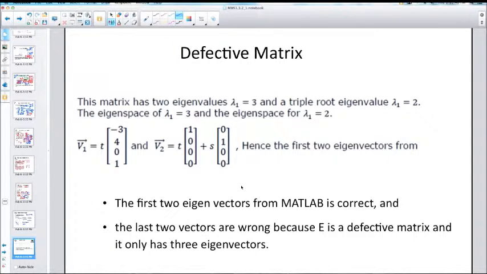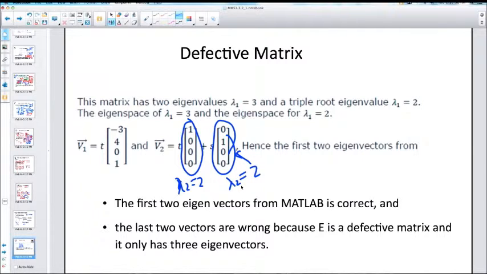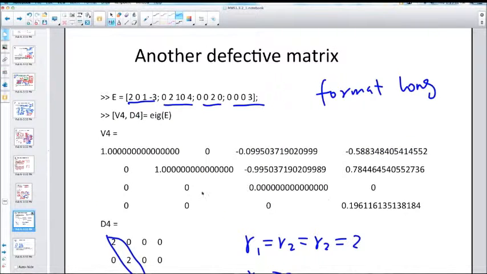One is 1 0 0 0, associated with the eigenvalue equal to 2, and this one is the other independent eigenvector related to the repeating eigenvalue 2, and the third one is related to the eigenvalue equal to 3, the single one. And this is our result from manual computation.